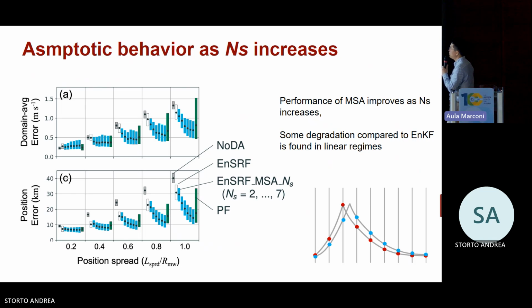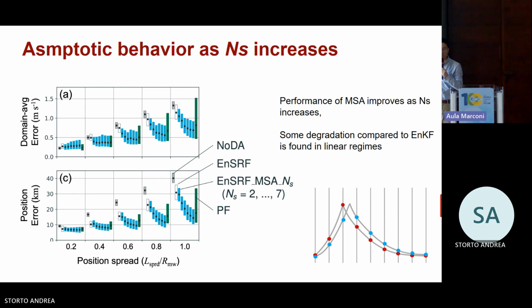So there is a slight problem with the position spread equals 0.2 here. So the spread is 0.2, which means it's very, very linear. So it's like almost not too much spread, where the EnKF actually should perform very nicely. But my problem is that with the new method, I slightly degrade the result.